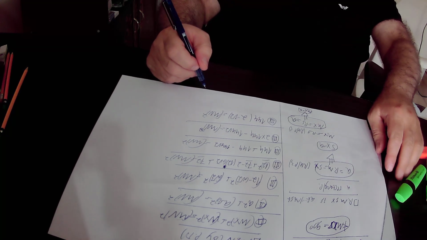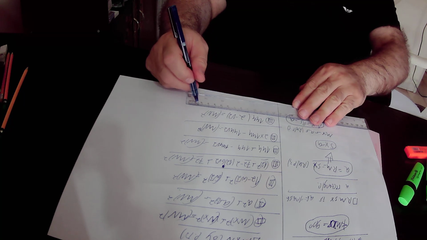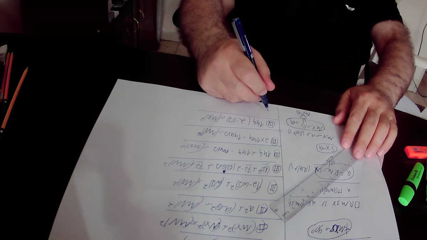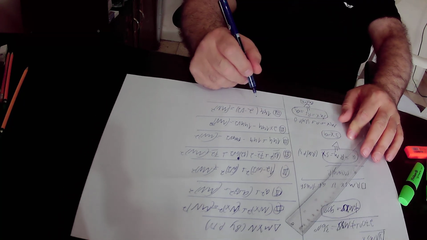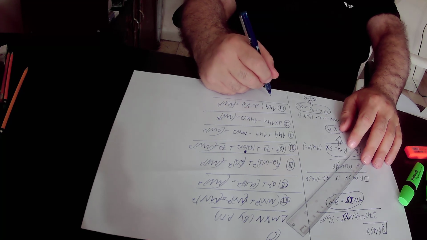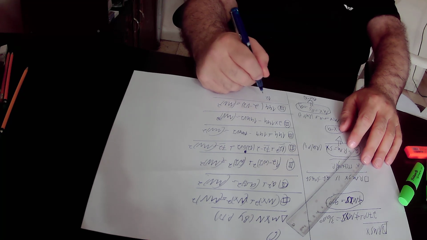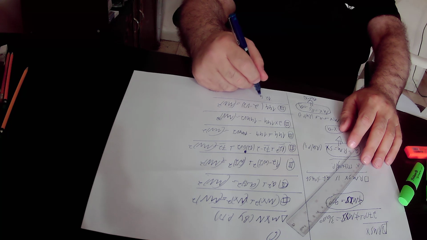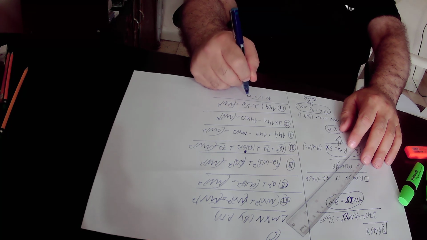Here we take a root out of this equation number 3, and we get that the square root of 144 is 12 times the square root of 2 minus square root of 2.